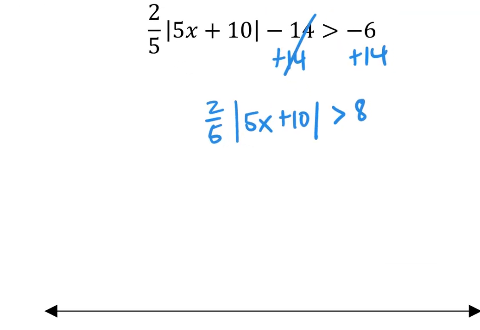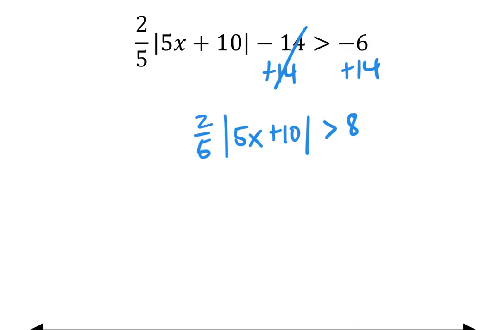Now, since the absolute value is being multiplied by 2/5, I'm going to divide by the 2/5 or multiply by 5/2, whichever. So we get the absolute value of 5x + 10 is greater than 20.